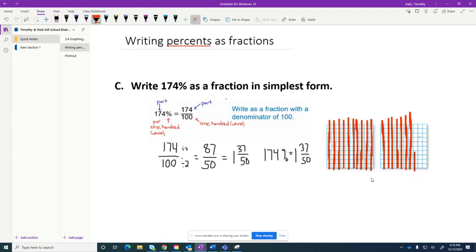So now we've represented 174% in a model by shading in 174 squares.